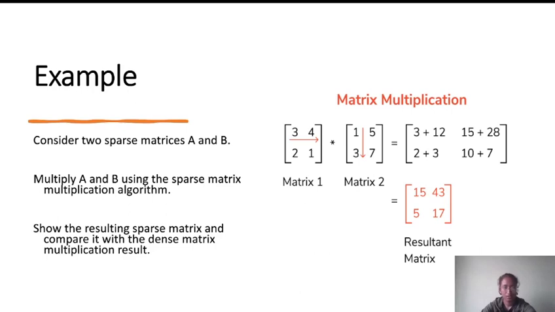So, to multiply the matrices, we first calculate the transpose of the second matrix to simplify comparisons and maintain the sorted order. The resultant matrix is obtained by traversing through the entire length of both the matrices and summing the appropriate multiplied values.